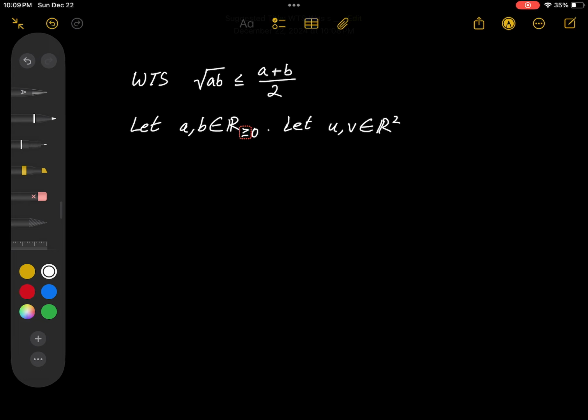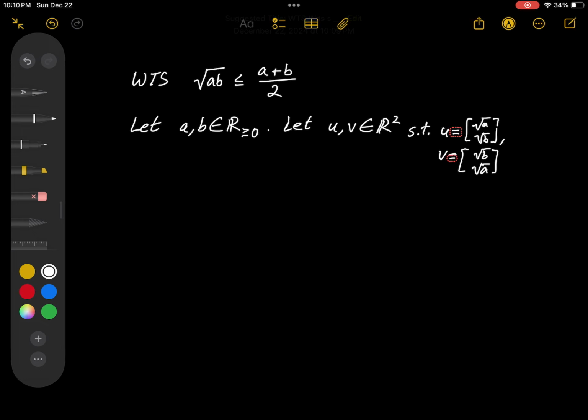All right. And now we will let U be defined as square root of A, square root of B, and V defined as square root of B, square root of A as the X and Y components.